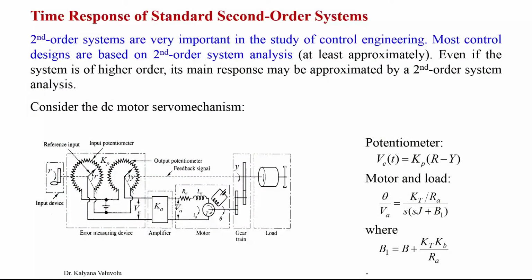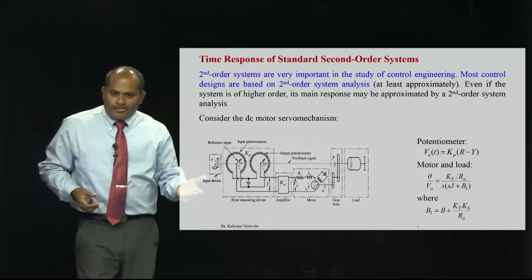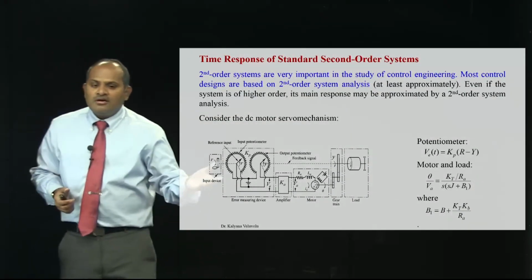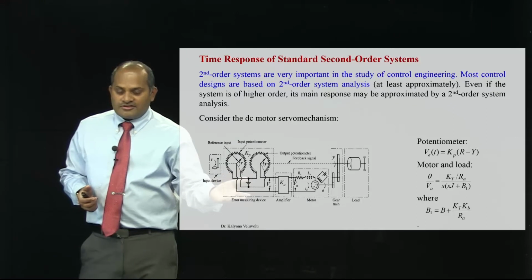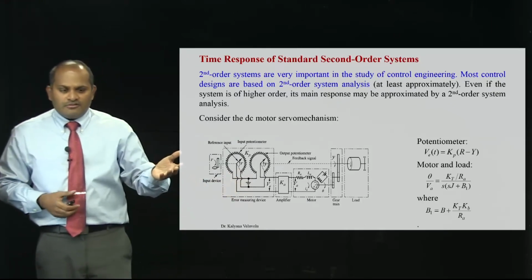From the input side, then the amplifier, then you have the electrical circuit of the motor. Based on that voltage, the motor generates the required electromotive force, and based on that you get the torque, which is connected through the gear train to the load. This is a very nice feedback system which was used several years ago.